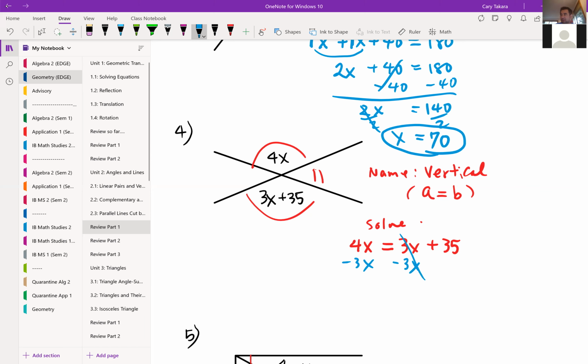And get rid of that. So you just have a 1x, but I'm not going to write 1. Usually you don't want to write 1 in front of x. You can though, nothing wrong with it. 1x means just x. And you got x equals 35, and that's it. You're done.